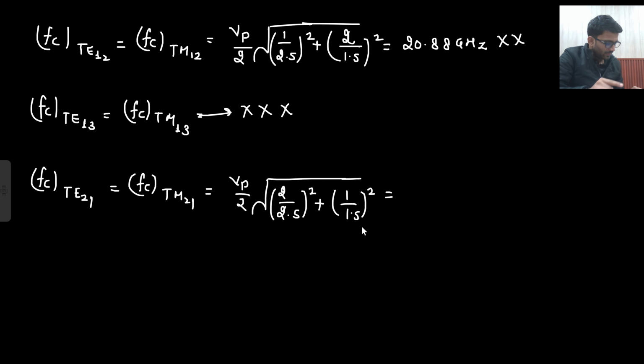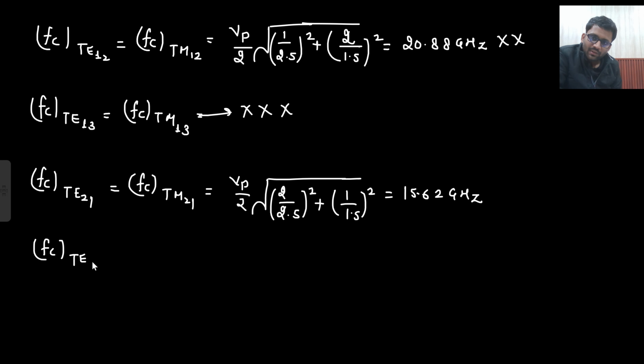Then you need to take under root into 15. So that is coming out to be 15.62 gigahertz. So that can propagate. So now next also I need to calculate.